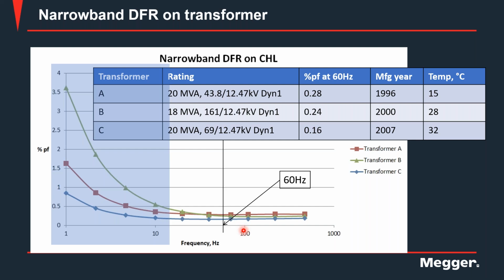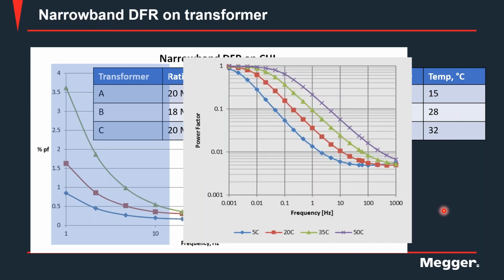The best way to go about it is to trend the DFR curves over time, but you also have to keep in mind that temperature does play a role in the DFR measurements, which is the reason why I've mentioned the temperatures here. The DFR curve, even though it retains its shape as long as the insulation stays the same, tends to shift horizontally with temperature.